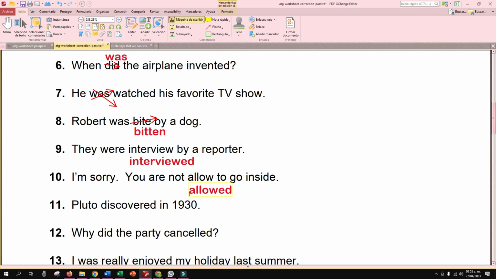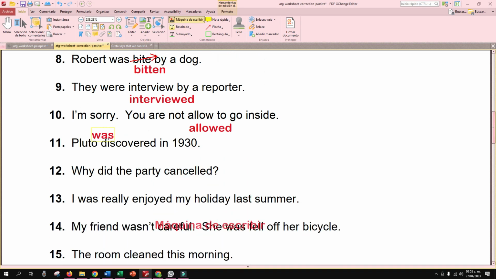Okay, perfect. What about this? Pluto discovered in 1930. We need a was between Pluto and discovered. Yeah, all right. So Pluto was discovered in 1930. Excellent, Edwin. That's great.